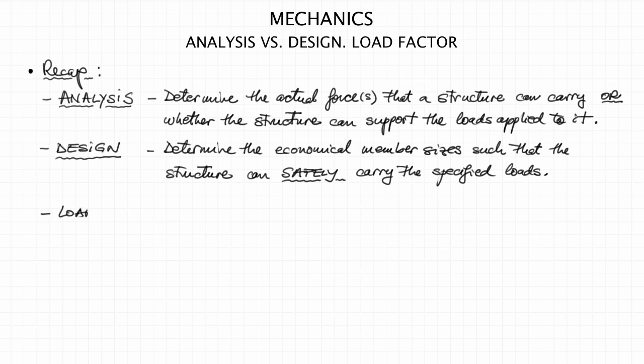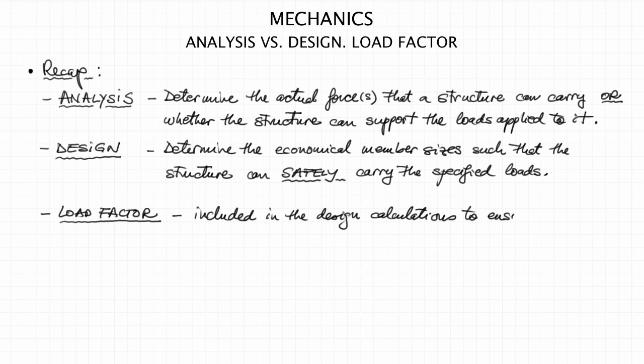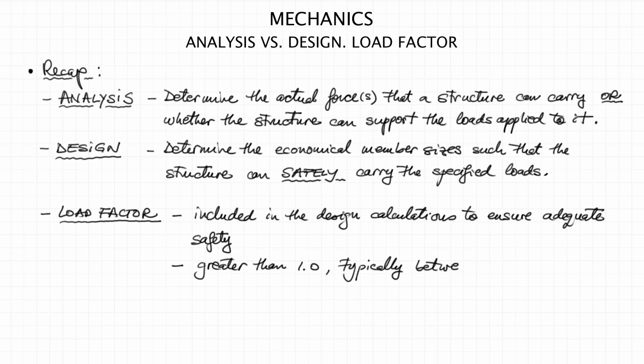In order to achieve safety, when we perform design calculations, we have to also include the load factor. As was explained in a previous lecture, the use of the load factor is necessary to ensure adequate safety for several reasons, for example, exceeded loads, material properties that are less than what is assumed, or design methods that tend to be unconservative.